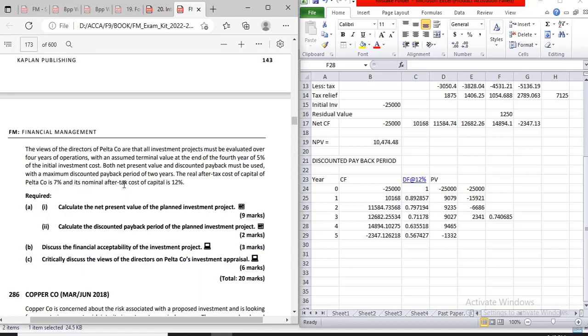But according to NPV it is acceptable. So discounted payback has its limitation that it ignores the remaining cash flow after the payback period. So according to that, the director must take the decision on the basis of NPV, which indicates the project is financially acceptable. So you have to mention this point for the view of the director, and it's for 6 marks, and I just told you 3 points, just describe them, I think it's enough.